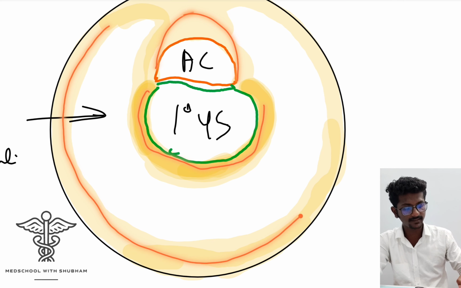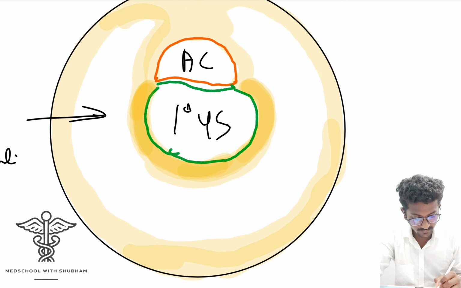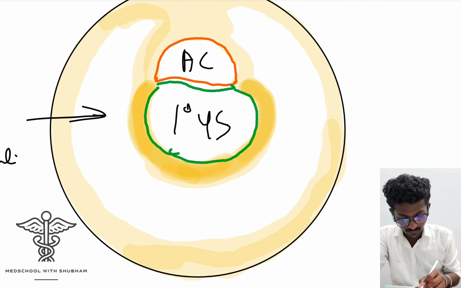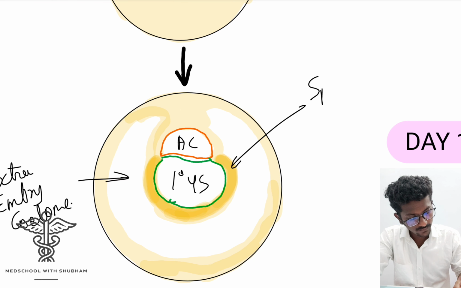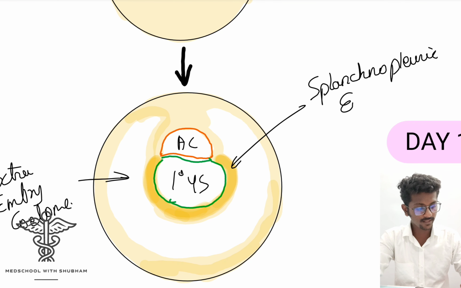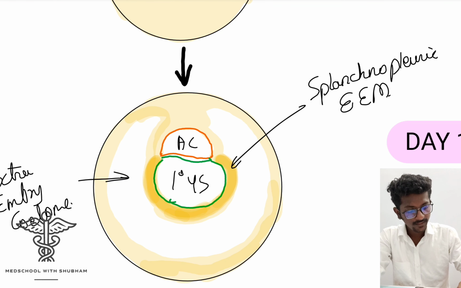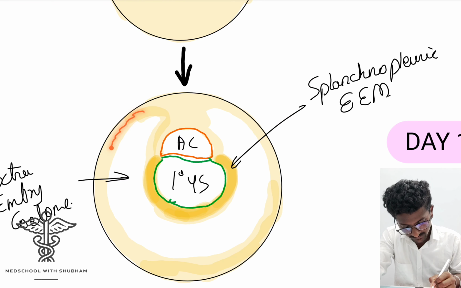All over you have the extra embryonic mesoderm. But that part of the extra embryonic mesoderm which is in contact with the primary yolk sac and the Heuser's membrane is called the splanchnopleuric extra embryonic mesoderm, and that part of the extra embryonic mesoderm which is in contact with the cytotrophoblast.